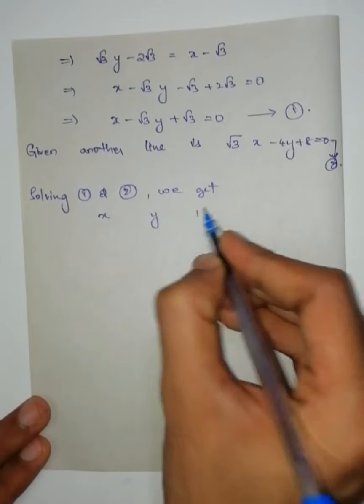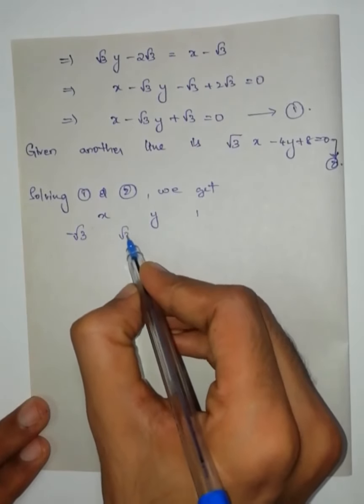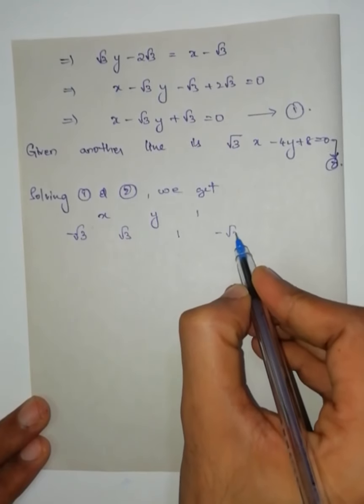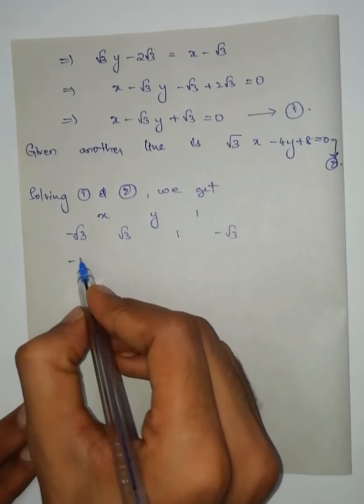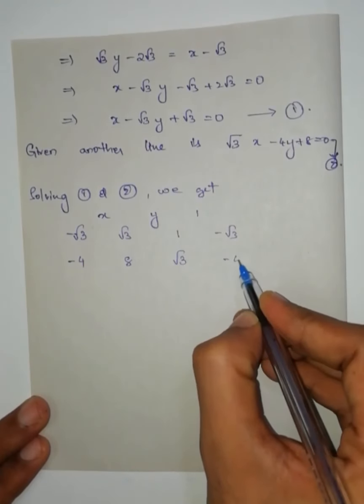x, y, 1. From equation number 1 we get minus root 3, 1, minus root 3. From equation number 2 we get minus 4, 8, root 3, minus 4.